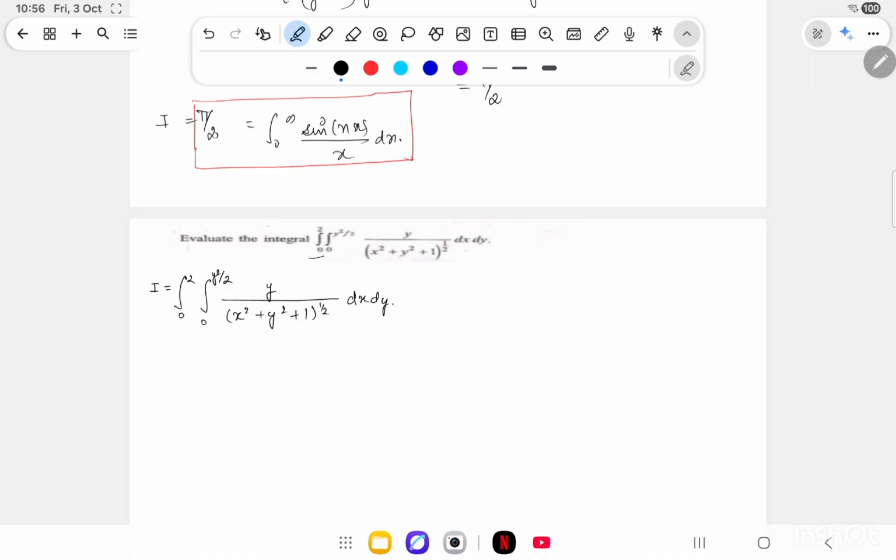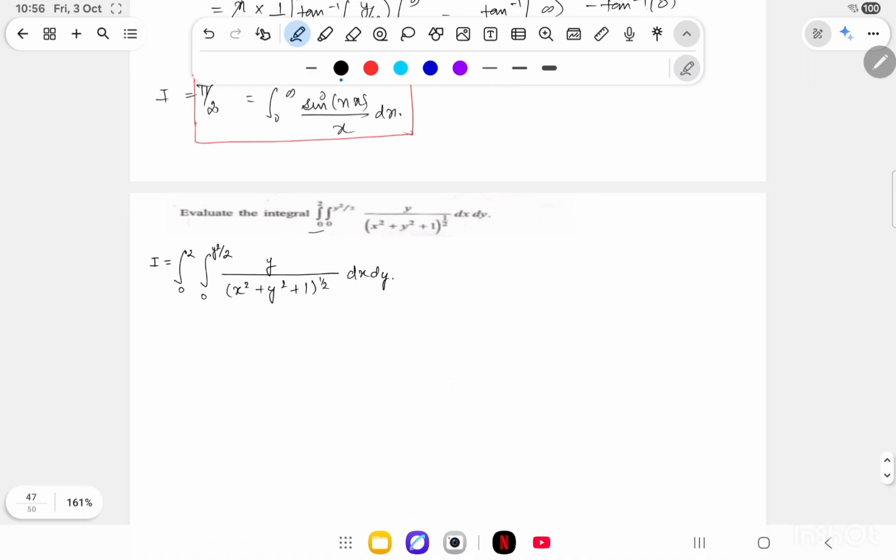Now if we draw the figure of the limits, y is varying between 0 and 2, and x is varying between 0 and y square by 2. So if we plot it, y goes from 0 to 2, that is up till here, and x is 0 to y square by 2.